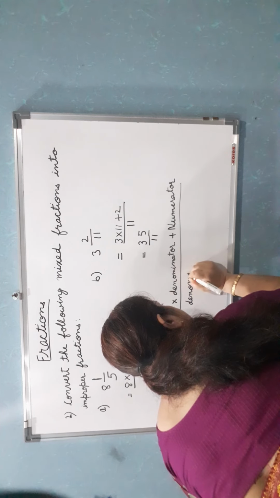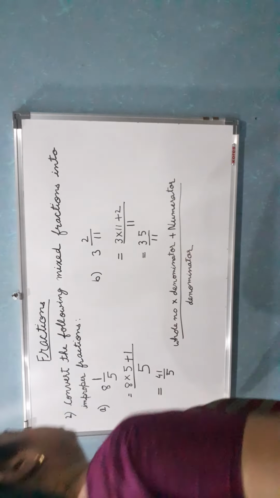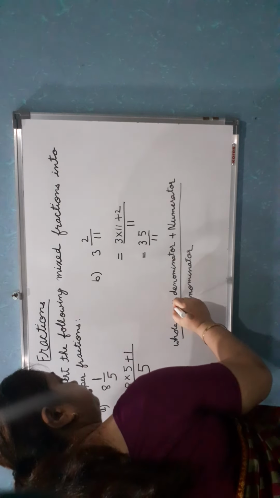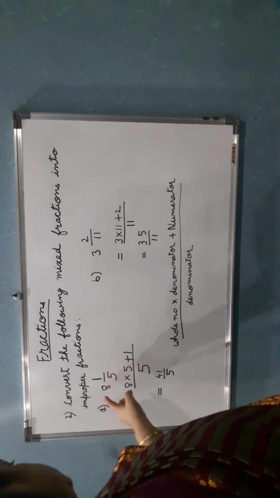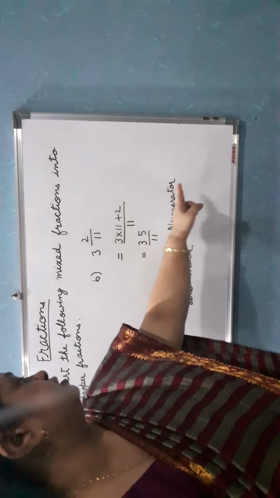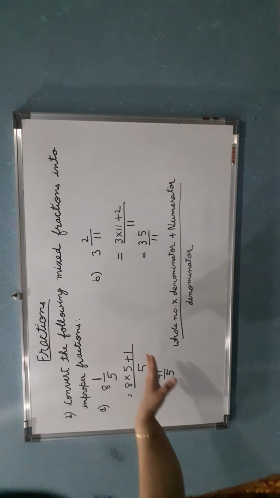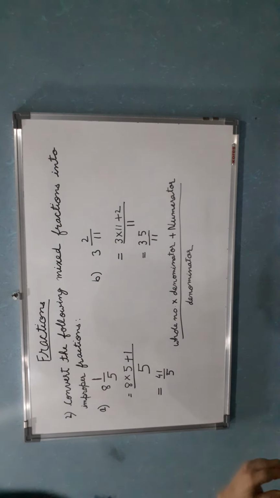This is the formula. Whole number, I am writing here the short form. Whole number into denominator plus numerator. So this is the formula for converting mixed fraction into improper fraction. Okay.